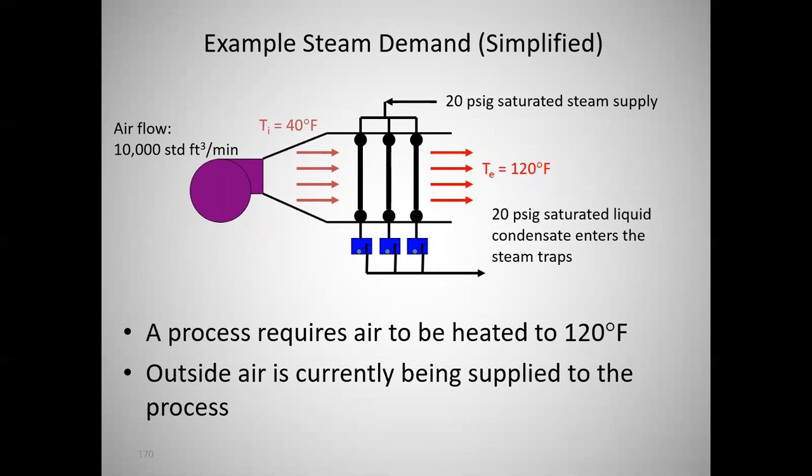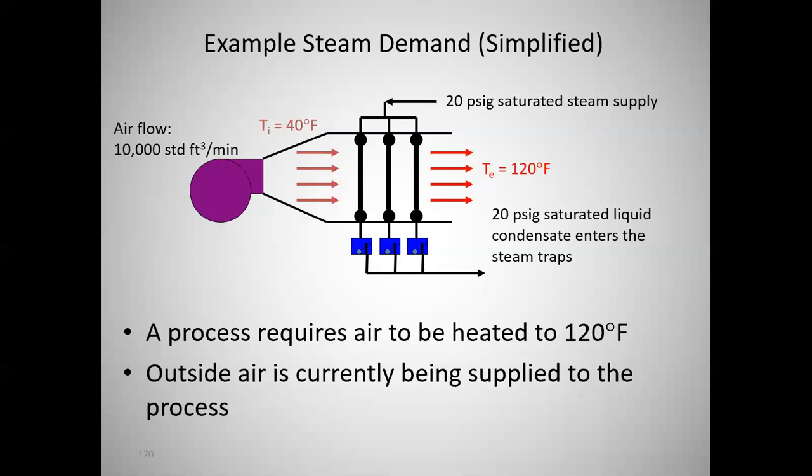We've got a process that requires air to be heated to 120 degrees Fahrenheit. Right now, this air is being taken from outside, and over a period of time the inlet temperature to the heater is 40 degrees.